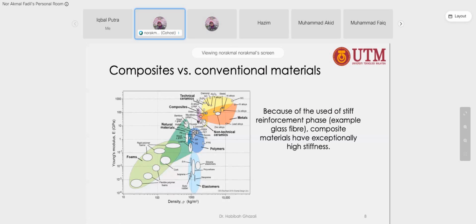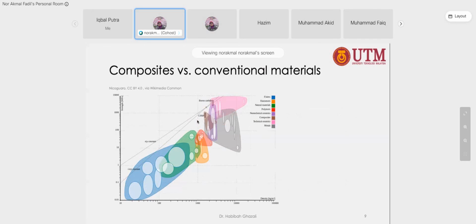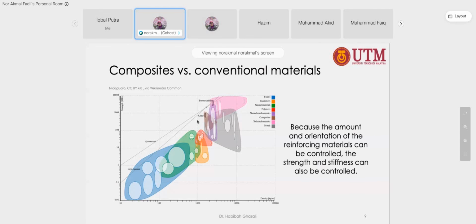Because of the use of a stiff reinforcement phase, for example glass fiber, the composite material has exceptionally high stiffness, and the matrix phase gives the low density of the material. Because the amount and orientation of the reinforcing materials can be controlled, the strength and stiffness can also be controlled.